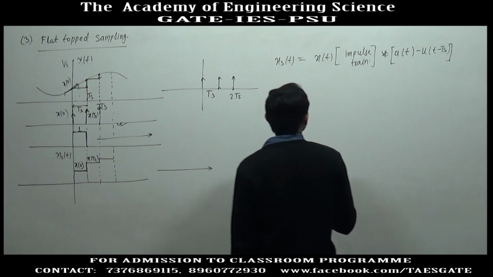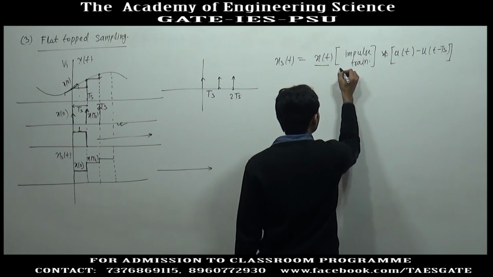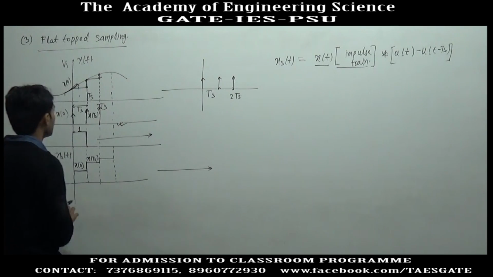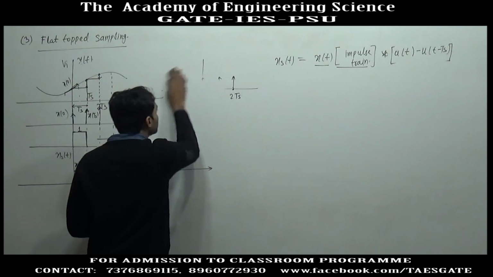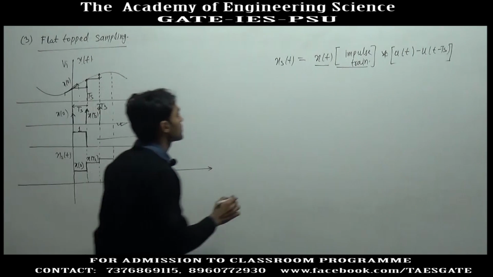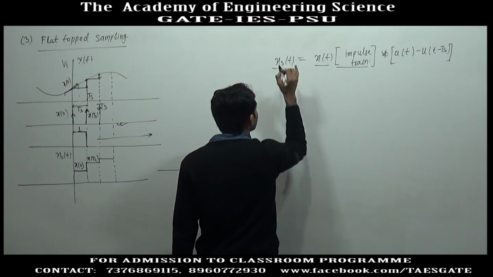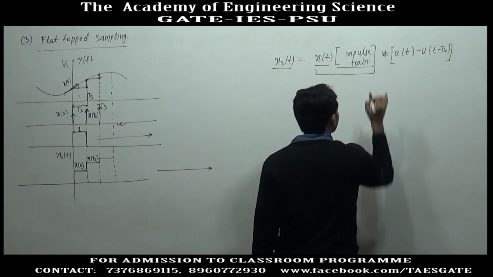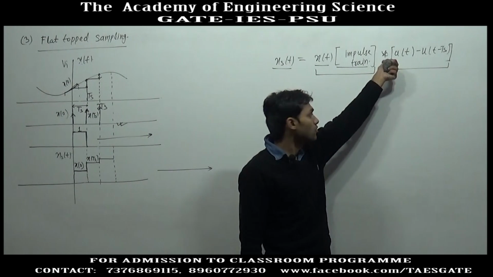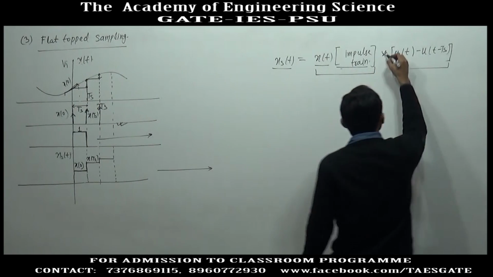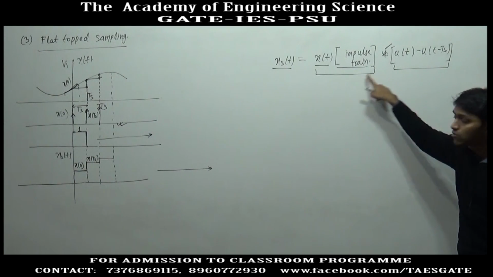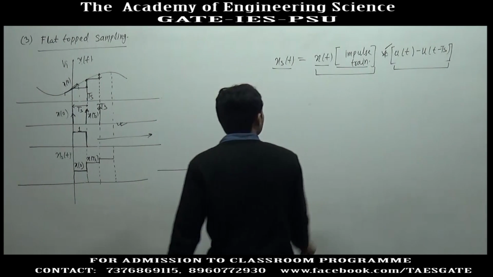So, in the frequency domain, for obtaining the frequency transform of this signal, we will first obtain the frequency transform of this signal, then the frequency transform of that signal, and since there is a convolution sign here, in the frequency domain the two frequency transforms will be multiplied.